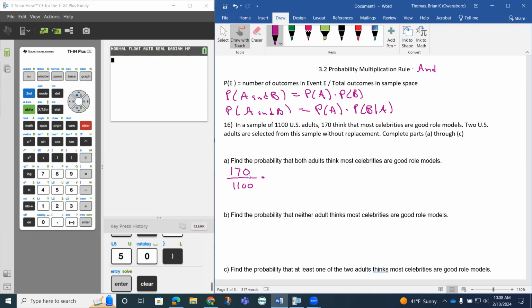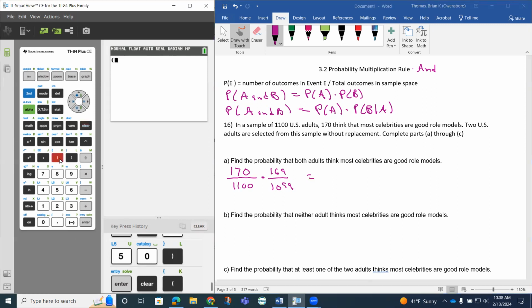If we chose someone who thinks celebrities are good role models, that leaves us with 169 at this point. Also, our sample space drops by 1, so it becomes 1,099. If I put these 2 probabilities together, that'll give us our overall probability.